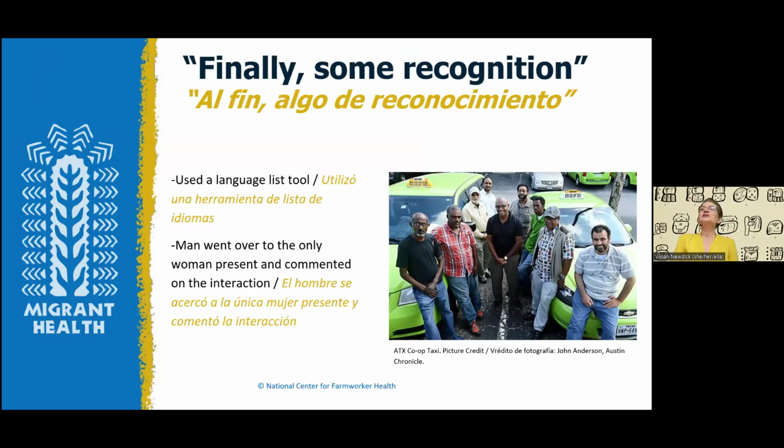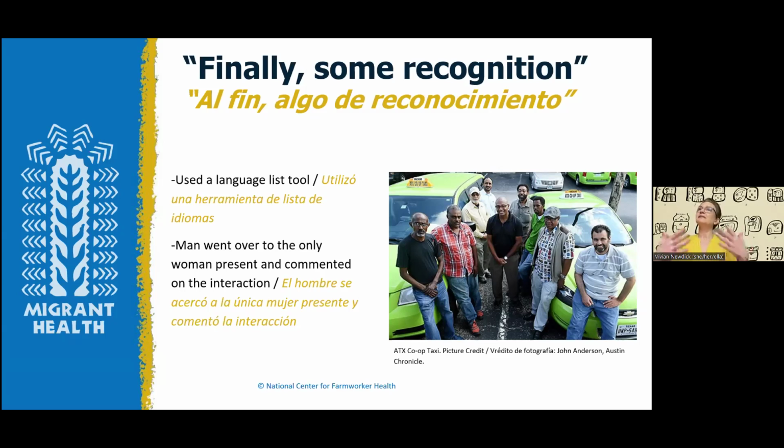So I want to go to an anecdote from my work here in Austin at a health fair where we were offering vaccinations and health education to a collective of taxi drivers, most of whom were from many different regions of Africa. I was there trying to get a sense of the different languages that were spoken, because this is a population that we didn't get a chance to serve a lot.